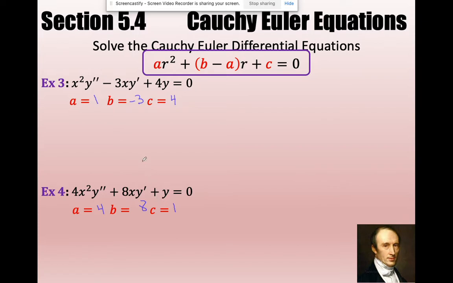All right, so I'm just going to put up my factors here. So I got r squared b minus a. In this case, I got r minus 2 repeated real factors.